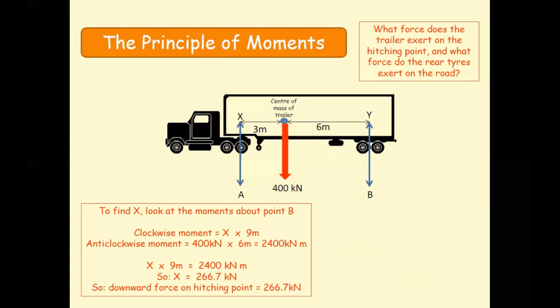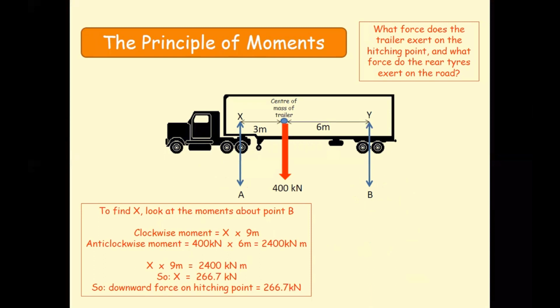An anti-clockwise moment, that is 400 kilonewtons, applied on that particular trailer with the displacement perpendicularly 6 meters, equals 2400 kilonewtons. So whenever we apply the principle of moment, that is F1 d1 equals F2 d2, we can easily find the downward force on the hinging point.